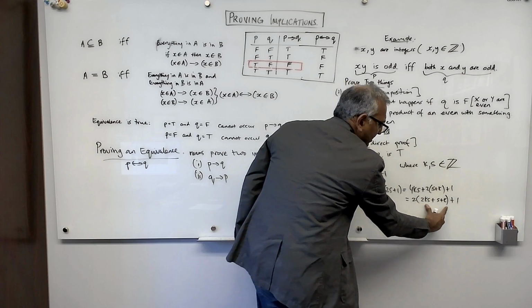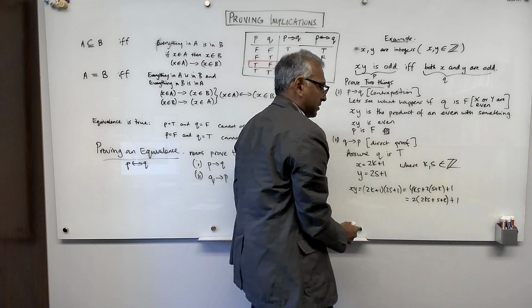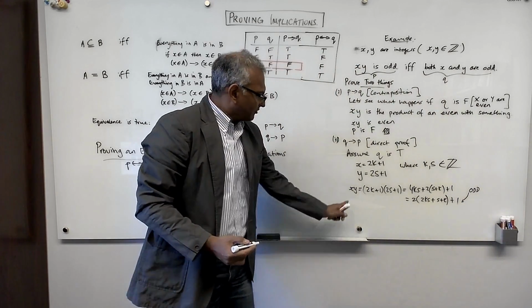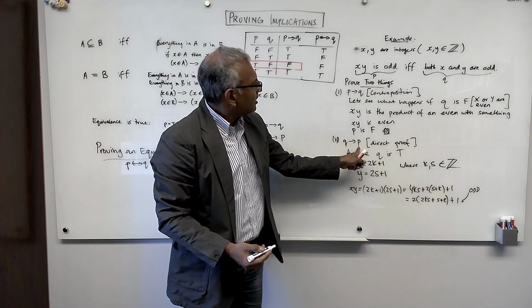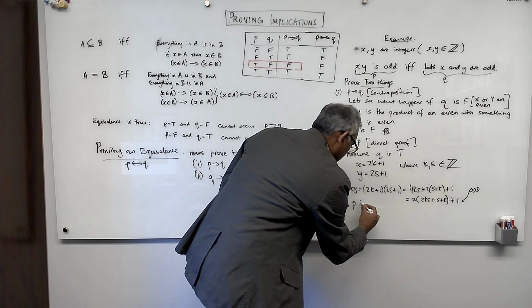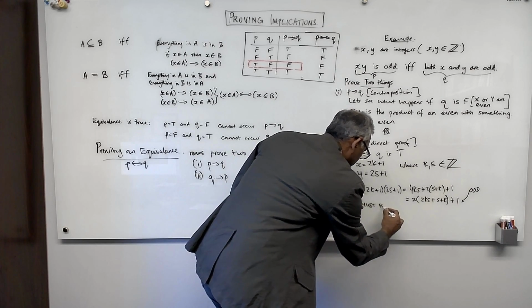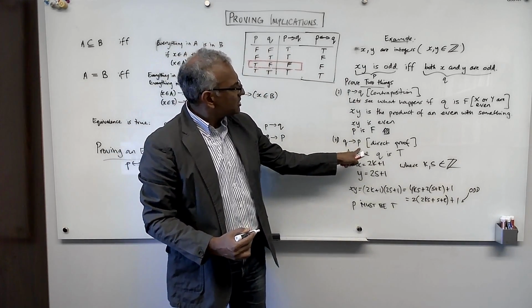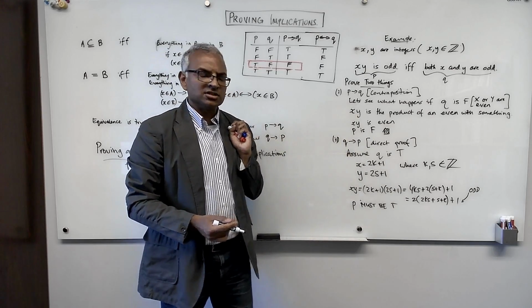So it's twice something plus 1. That's odd. So if xy is odd, what does that say about P? It says that P is true. P must be true. So a world in which Q is true and P is false cannot occur. The implication is proved. End of proof.